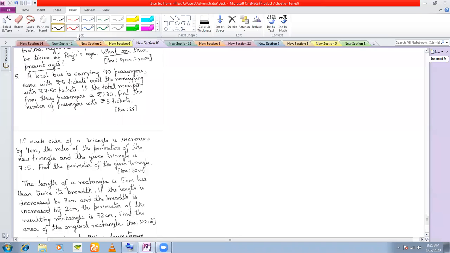So coming back, I start by saying, let the number of passengers buying 5 rupee tickets be X.